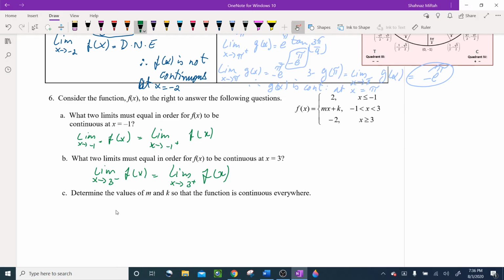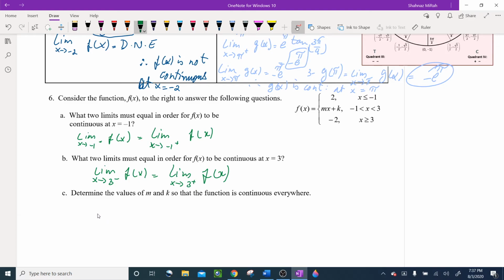Now, I know that we are looking for m and k. The easy thing to do is to figure out x equal -1 first. So x equal -1 gives 2.